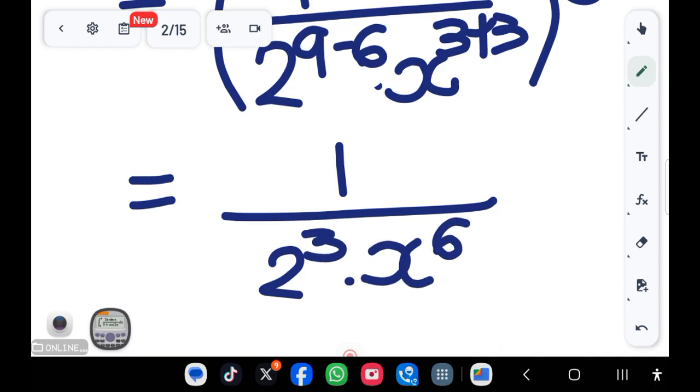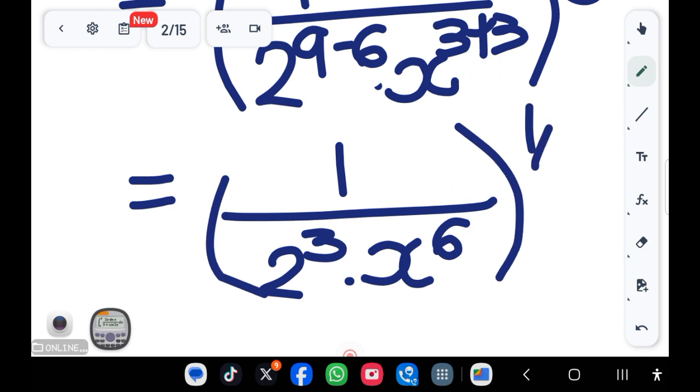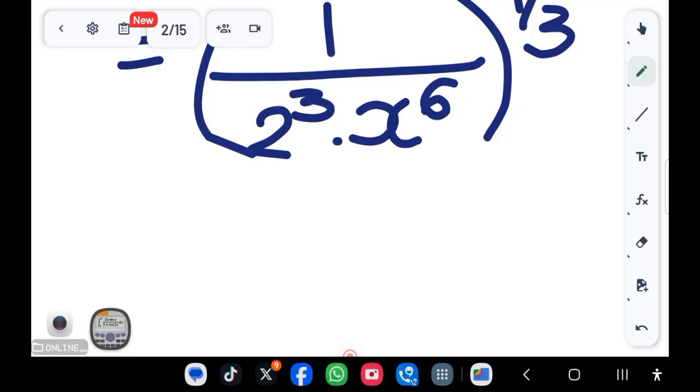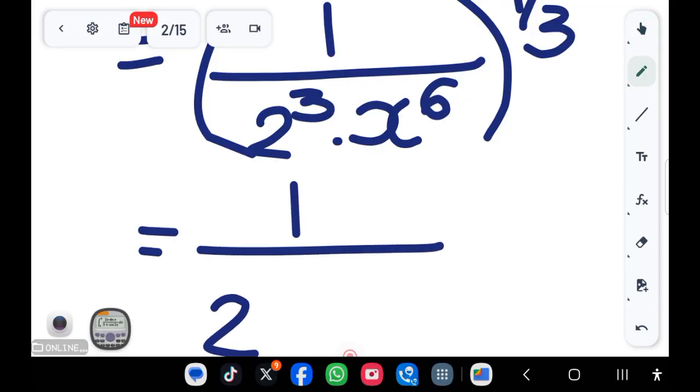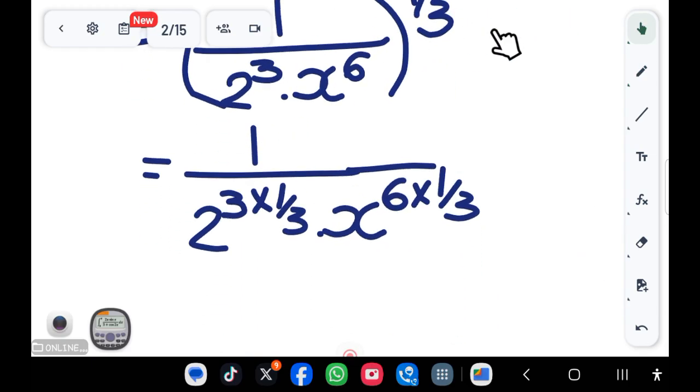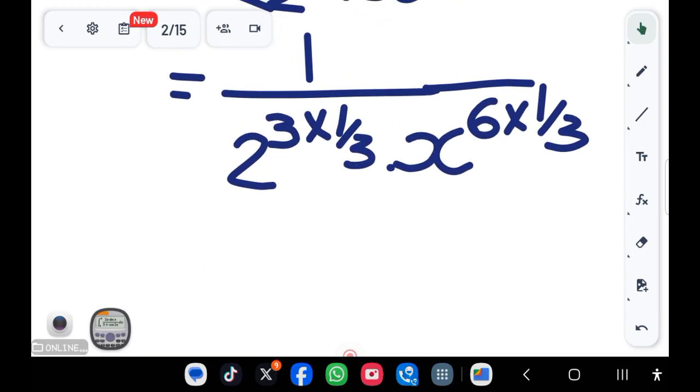So now what we do is we apply the exponent outside. So that is 1 over 2 to the power of 3 times 1 over 3, x to the power of 6 times 1 over 3. That's the effect that has when we raise a power to another power.